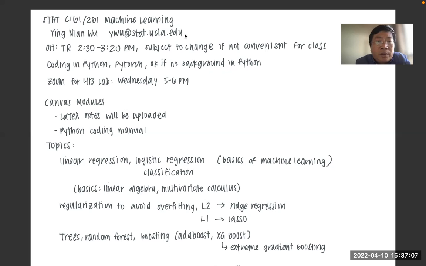And for stats 413, the office hour will be on Wednesday from 4 to 5 p.m. Before the TA's discussion session. And again, if this time is not convenient, we can always reschedule. And also, you are always welcome to join our Zoom meeting on Saturday, 4 p.m. Again, you can find the link on syllabus.